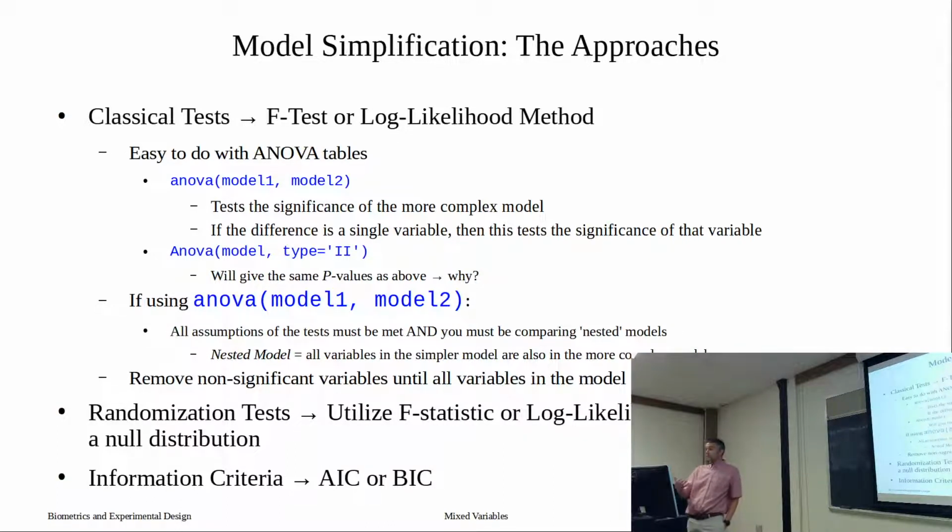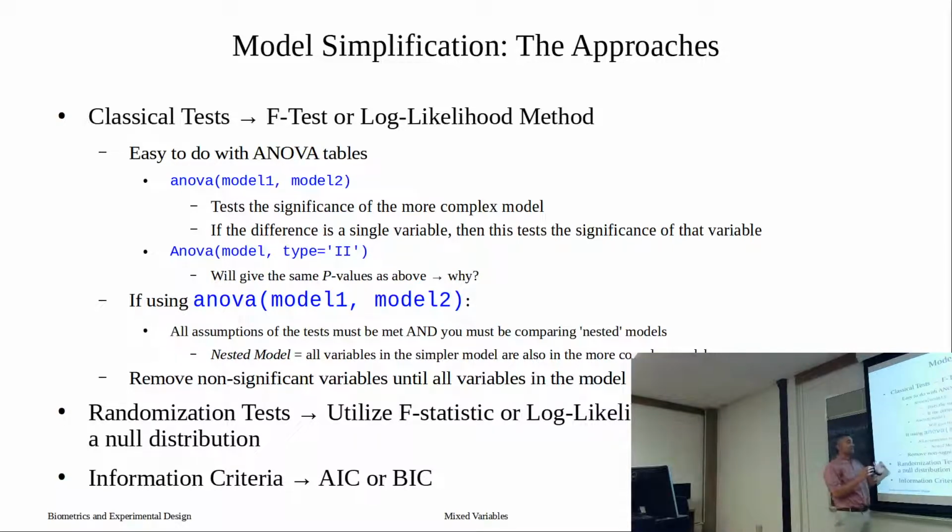What we need to do is make sure that we're only testing a single variable. One term appears in one model, and it does not appear in the second model. We can also use the capital A, but we'll get the same answer, the same p-value.